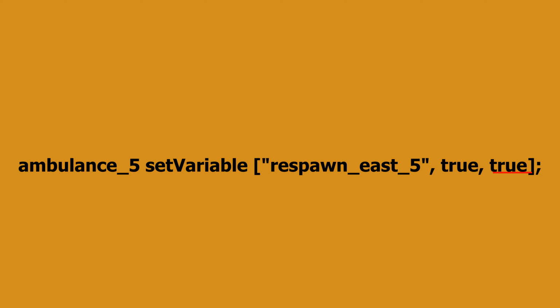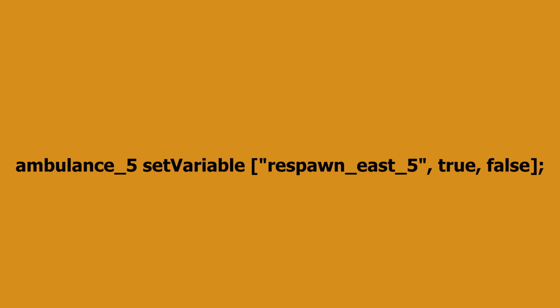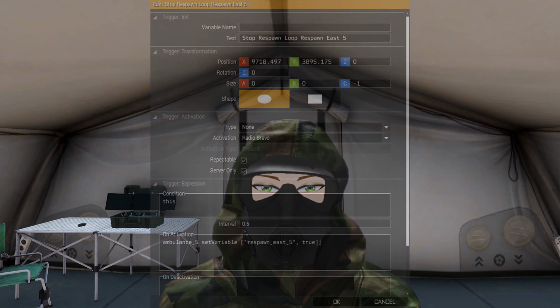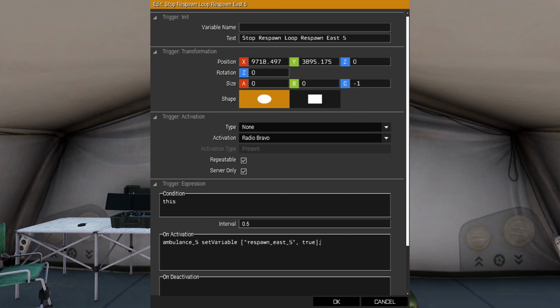If you execute this code in a multiplayer session on another computer in a local setting, you'll want this to be public. If you run this locally on the server, it can be false. Writing nothing here will be the same as false, so I will leave this blank. So, the command would look like this: ambulance_5 setVariable [respawn_east_5, true].